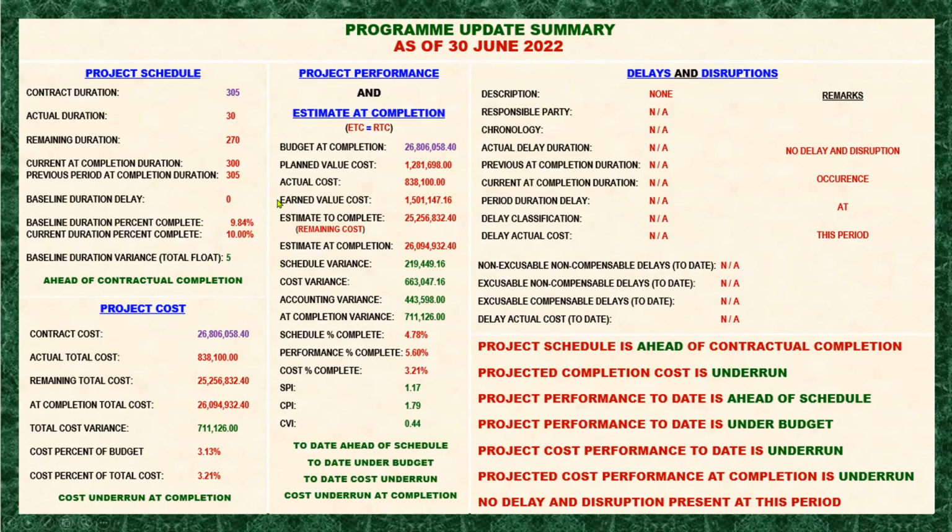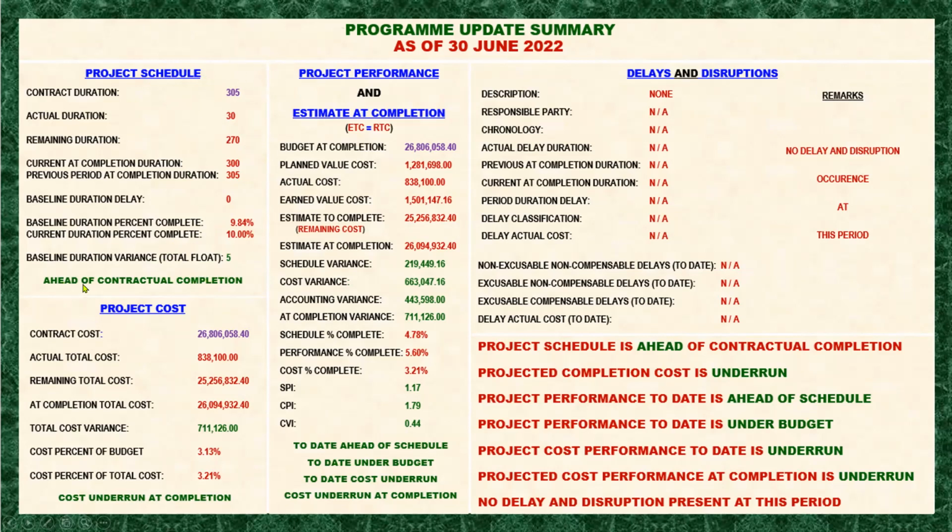So with this one, everybody can see at a glance the summary of the report of every field of your project. Let's say, for example, the project schedule or time elements of your project. These are the summaries here.